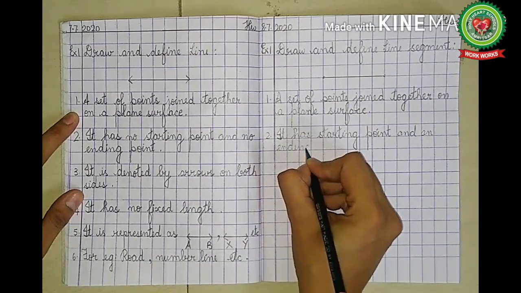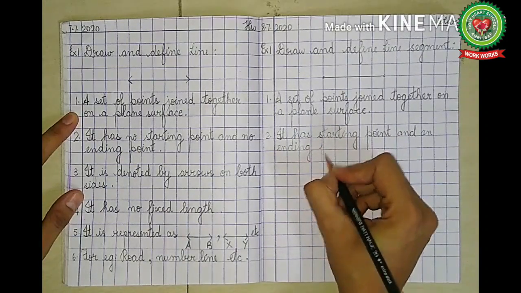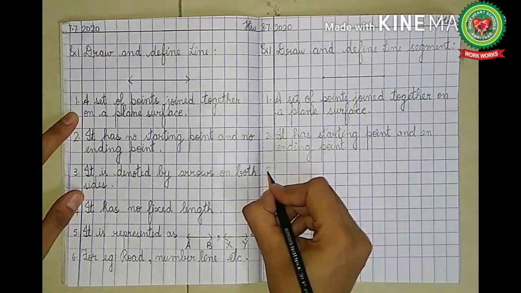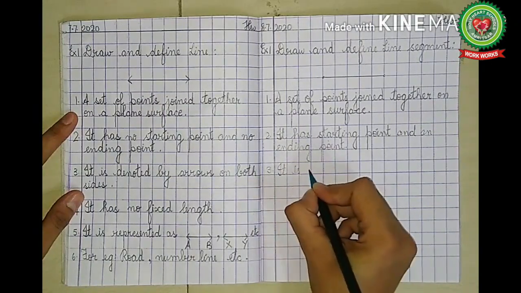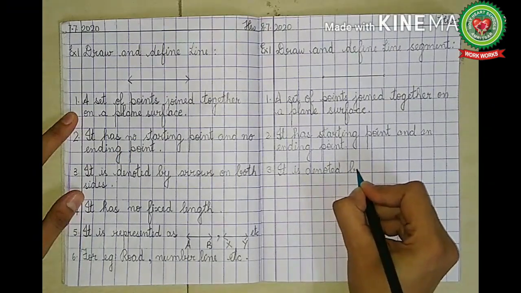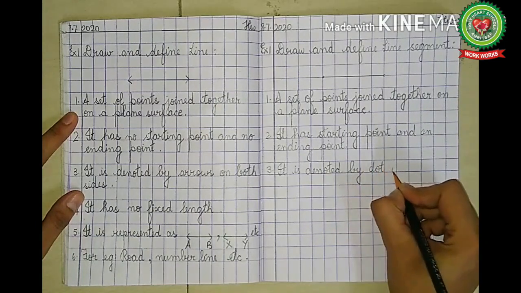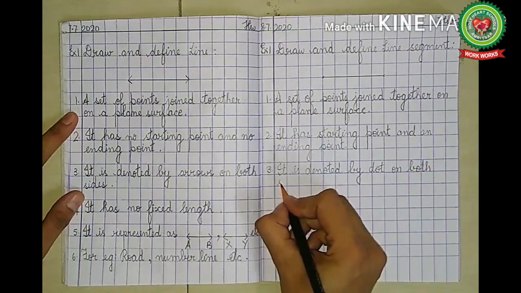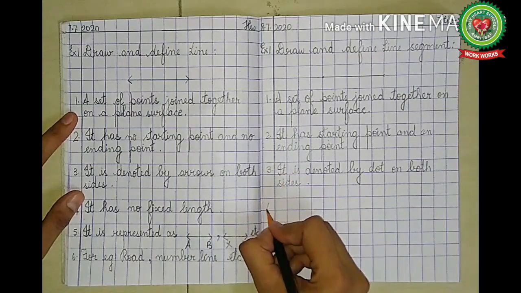That means it cannot be extended from any side. Full stop. Now it is denoted by dot on both sides. Full stop. Leave one line, put number 4.